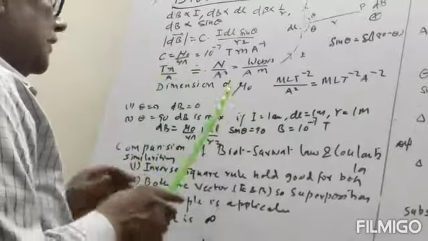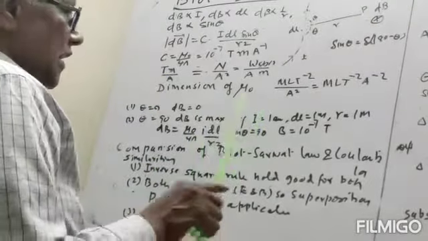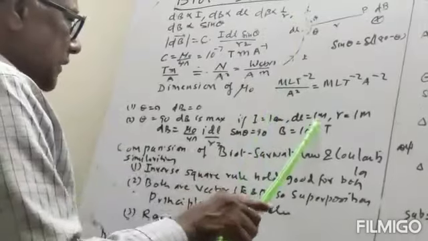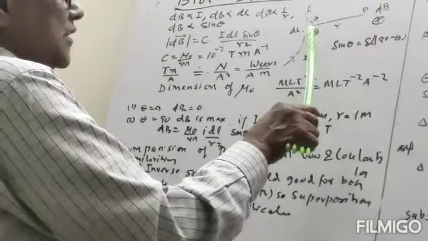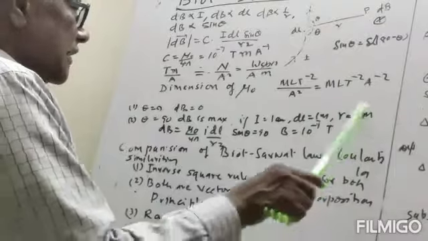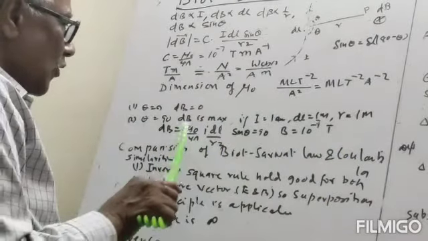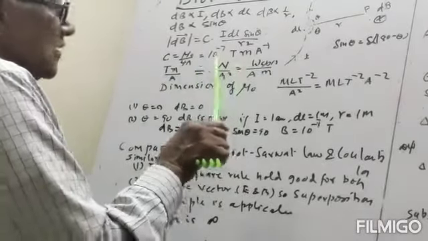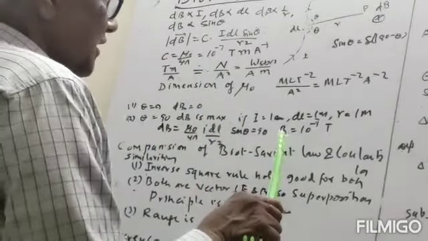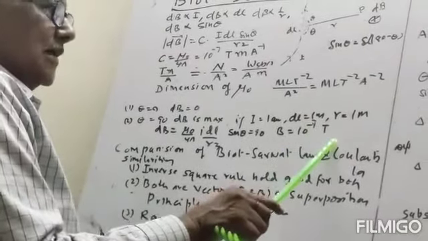So if the current is 1 ampere, the length of this wire is 1 meter, and the distance from the center of this to this is 1 meter, then dB will be equal to mu 0 by 4 pi, or mu 0 by 4 pi is equal to 10 raised to minus 7. So the magnetic field will be equal to 10 raised to minus 7 Tesla.